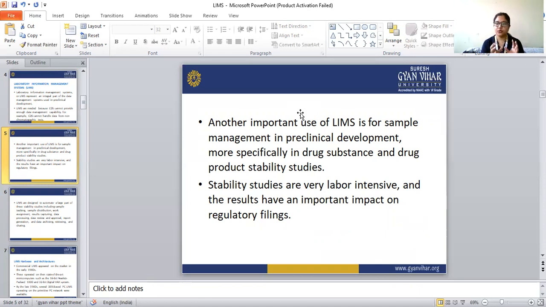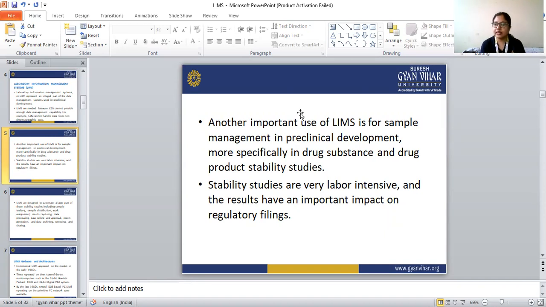While we are doing the drug substance stability study as well as the drug product stability study, all the samples are managed by the LIMS. This is another important thing that we can do with the help of the LIMS.